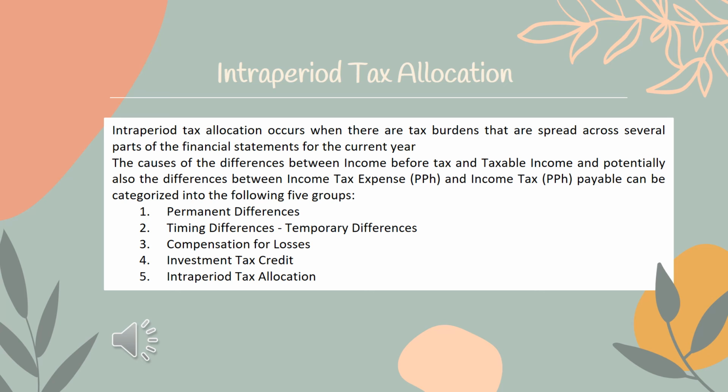The first is permanent difference, the second is timing difference or temporary difference, the third is compensation for loss, the fourth is investment tax credit, and the last is intra-period tax allocation.